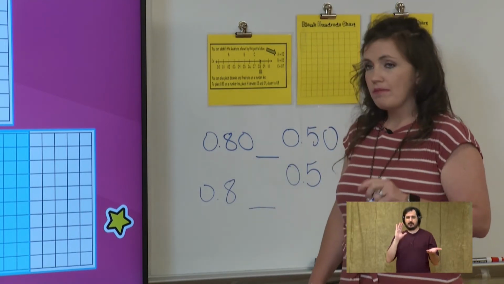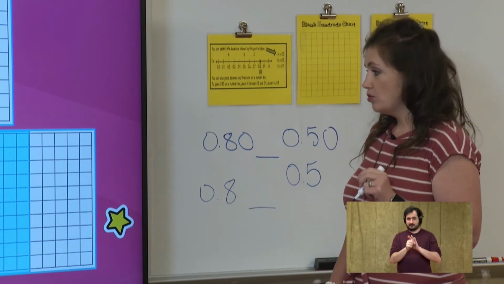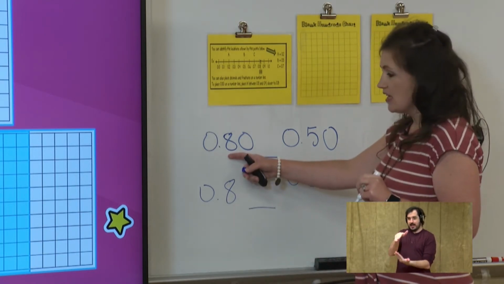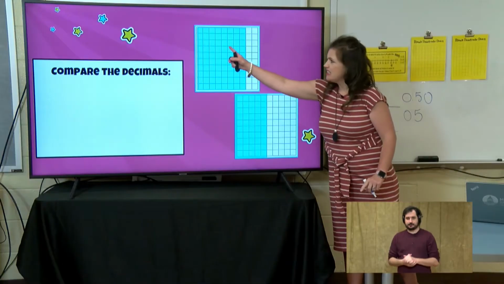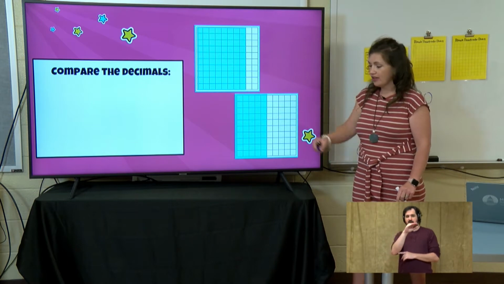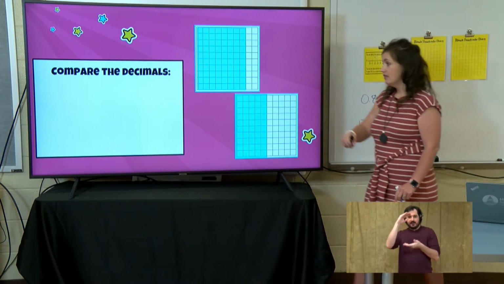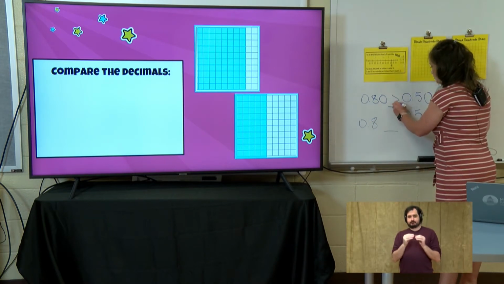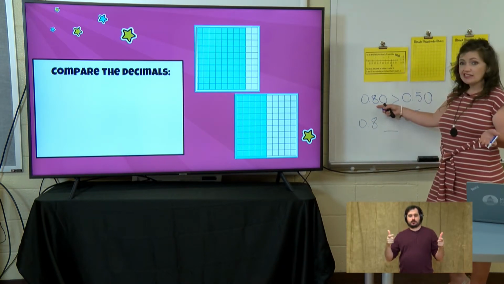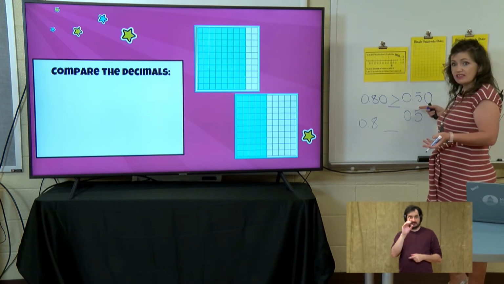All right. Remember our symbols, greater than, less than, or equal to. So let's look at 80 hundredths. Does this have more shaded or less shaded than this one? This is the greater amount, right? And if you think about money, if you have 8 dimes, is that more than 50 cents?